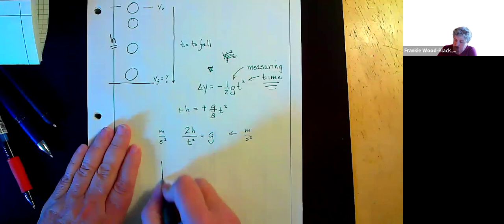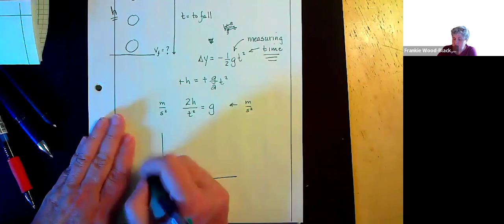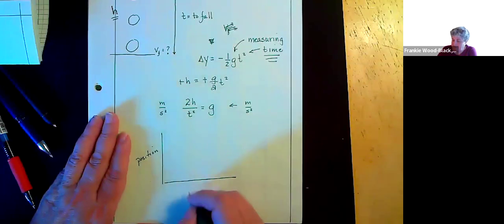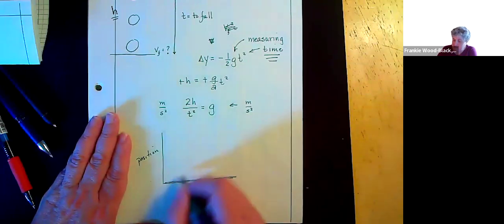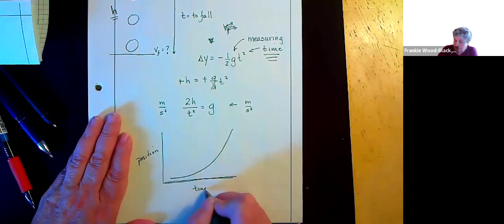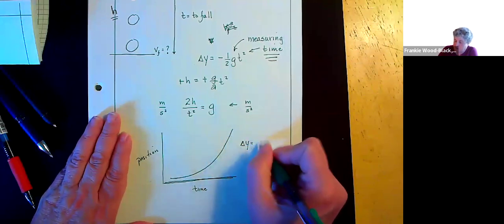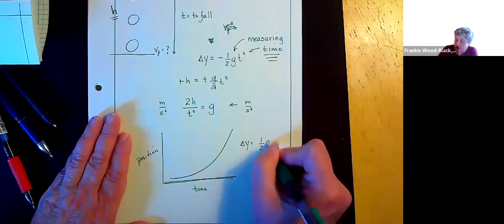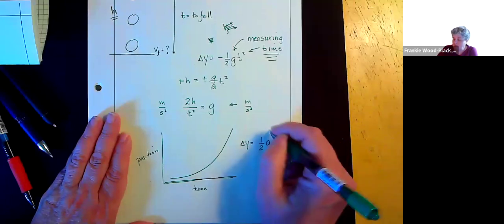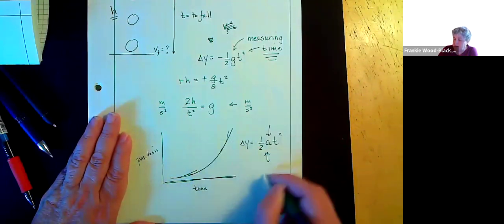You can also do it in a position versus time plot. So I can do position, and I can do my time. This is going to give you a curve, because my change in position is equal to 1/2 my value for A times t squared. This value of A, if I do a curve fit, we know is going to be related back to gravity.